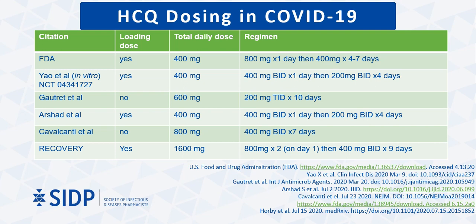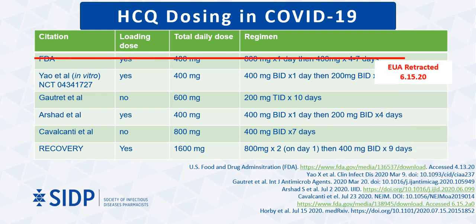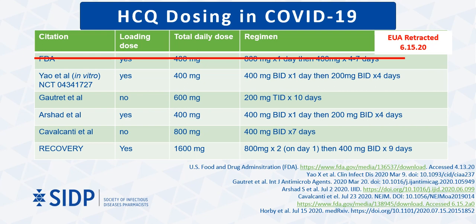I want to point out that the emergency use authorization from the FDA was retracted on June 15th, and they cited a few different reasons, including that the suggested dosing regimens for both chloroquine and hydroxychloroquine are unlikely to produce an antiviral effect, and they said that earlier observations of decreased viral shedding with hydroxychloroquine or chloroquine treatment have not consistently been replicated, and then recent data from randomized controlled trials showing lack of efficacy in COVID-19 has also informed this decision.